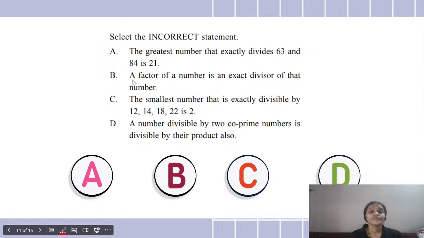Which sentence is incorrect? Which is not right? Satish, we can type the answer once and I will definitely get it. No problem, Ritika. It's okay.